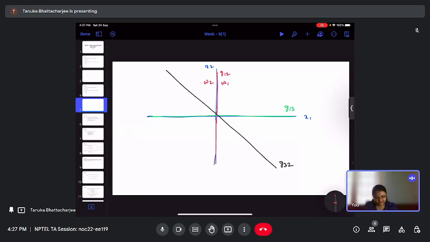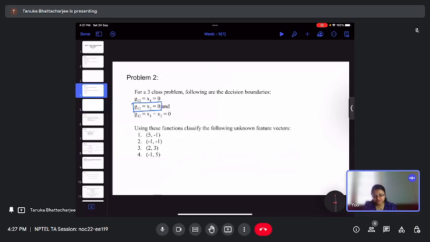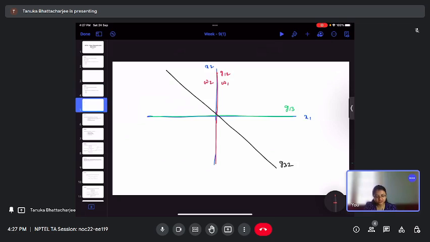Now, let us see G13. G13 is x2 equal to 0. If you take this horizontal boundary G13, above this line x2 is positive. So, that is the positive side, and the positive side will belong to class omega 1.